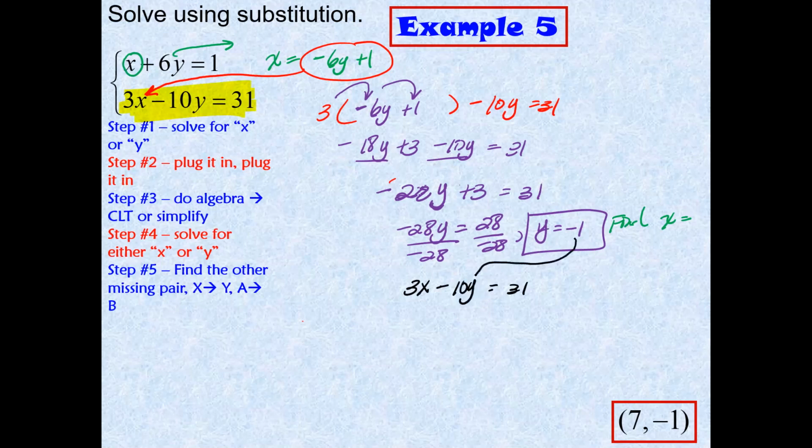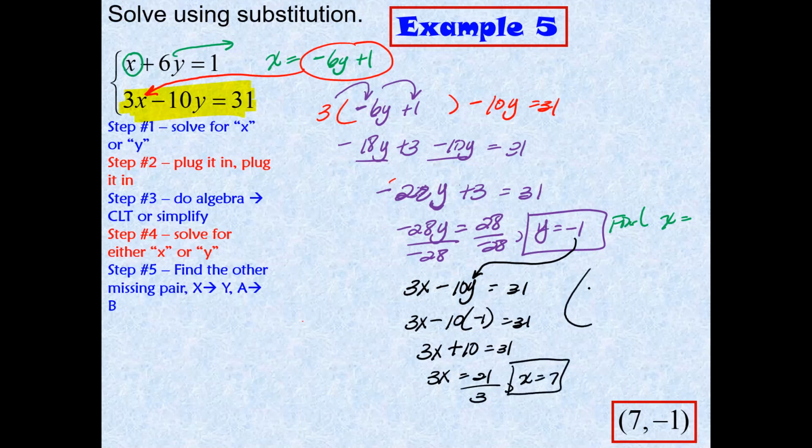I'm going to take that negative 1, plug it right there. So 3x minus 10 times negative 1 equals 31. 3x plus 10 equals 31. Minus the 10 on both sides, and you should have a 21. 21 divided by 3. Ta-da! X equals 7. So my answer is 7, comma, negative 1.